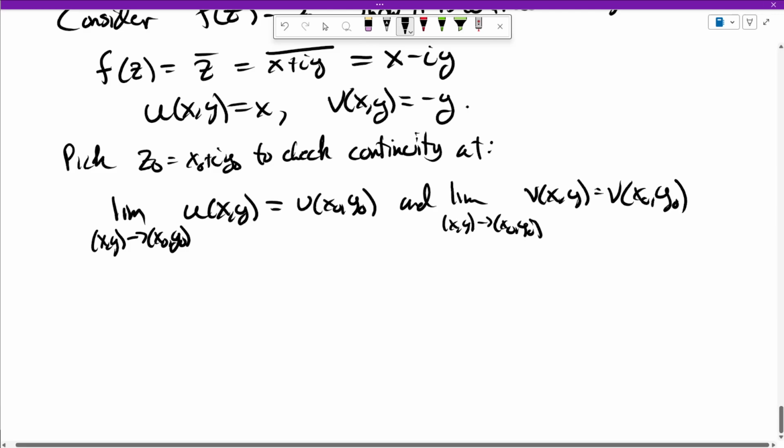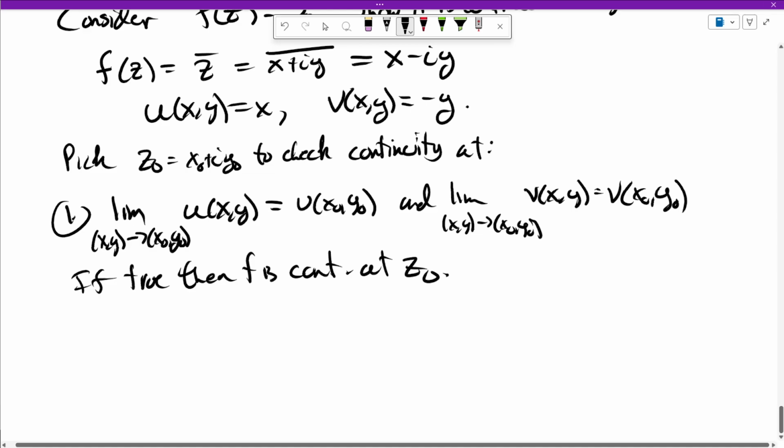Now this is just what we're trying to check, and if this is true, then f is continuous at z naught. That's what that theorem says. So to that end, let's call this one 1, let's call this one 2. So let's check 1.